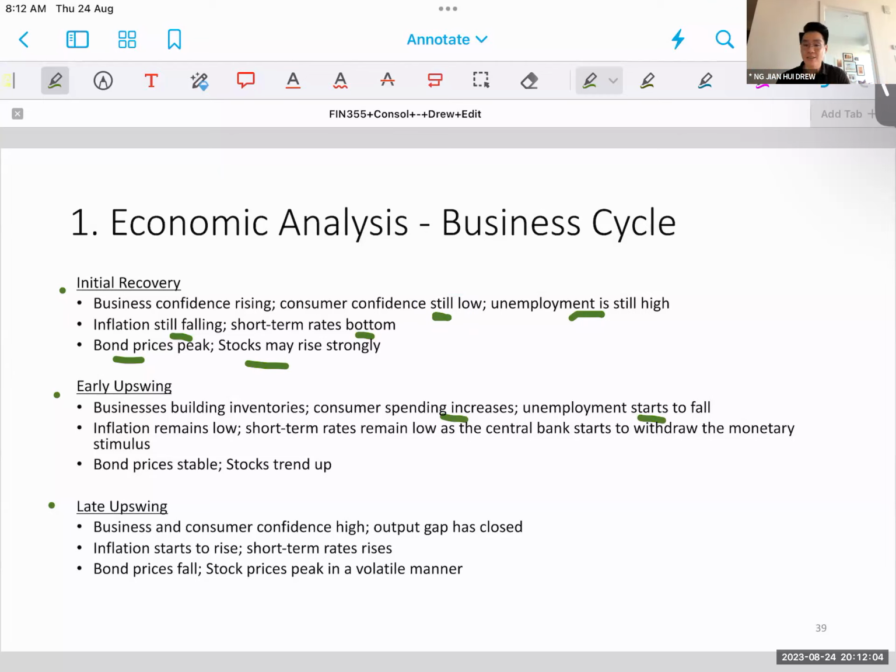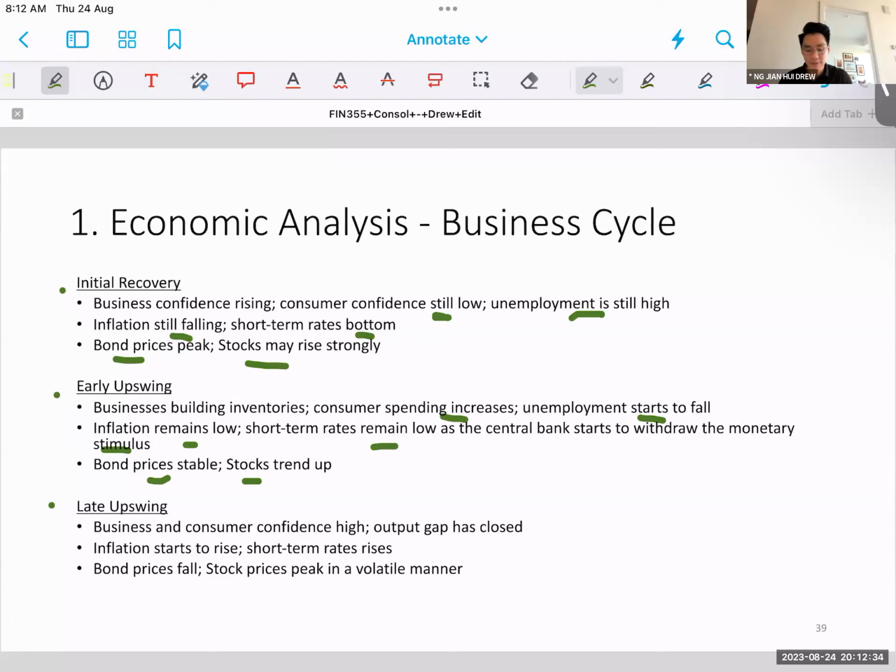And when the market is on the rise, generally stock price will increase, bond price kind of stable, inflation maybe still low, short-term rates remain low as the central bank withdraws monetary stimulus, because it need not support the economy so much more. So stimulus reduces, and therefore inflation still remains pretty low.